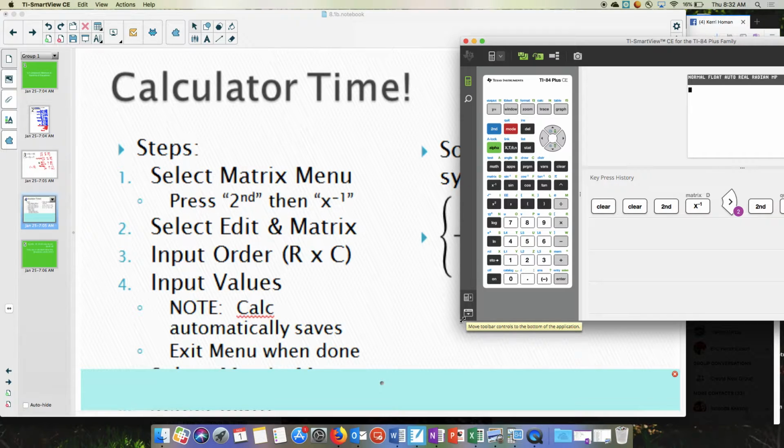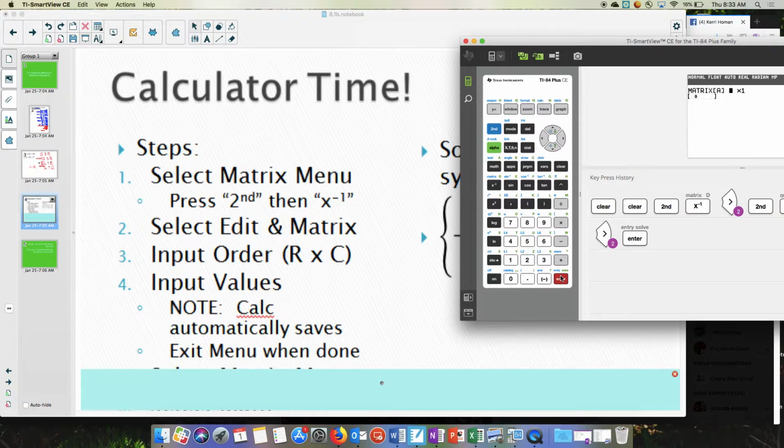If we go to our second matrix menu, I want you arrow over to edit, and it doesn't matter which matrix you edit, but my suggestion would be with each new problem, you change A. A is the easiest to call up. So go ahead, and when you're under edit and A is highlighted, press enter.